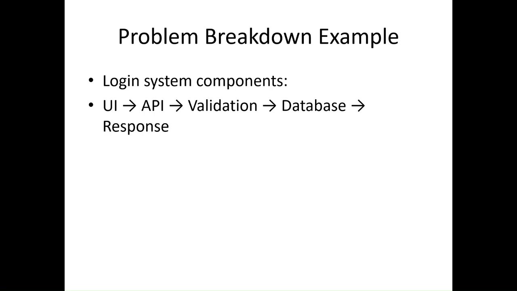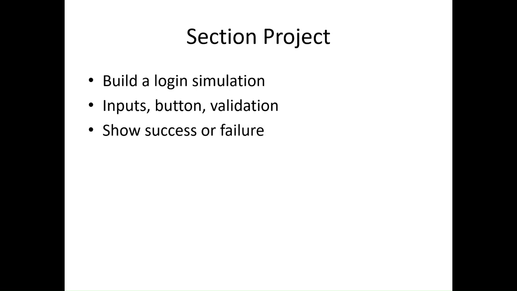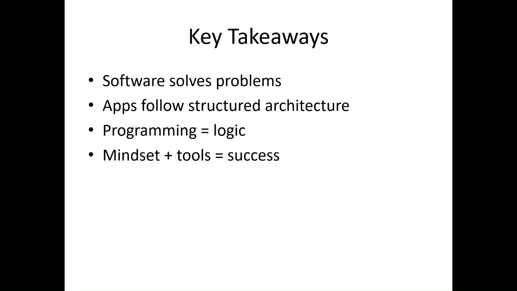If this person is present in the database, approve. Else, reject. All right. So there's also the session project where you build a login simulation: input, button, validation, show success or failure. We'll do all of that practically when we move to the practical class.